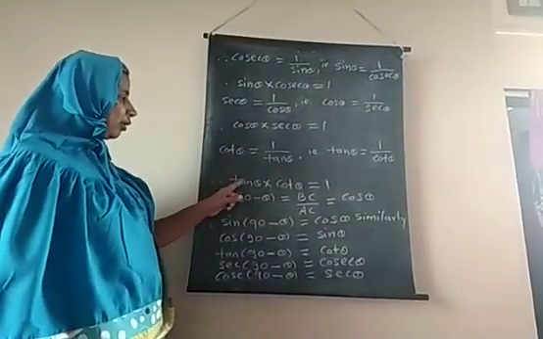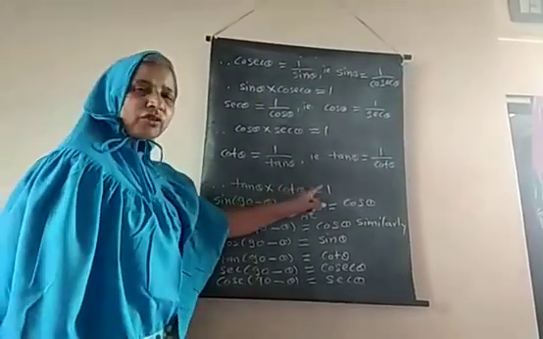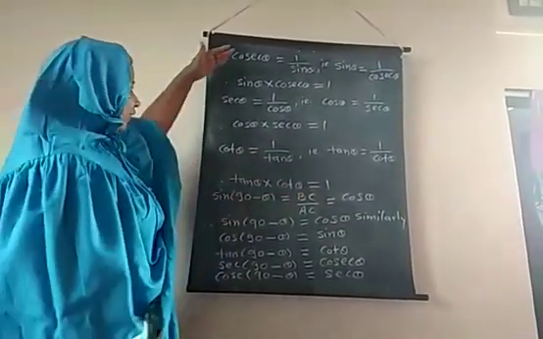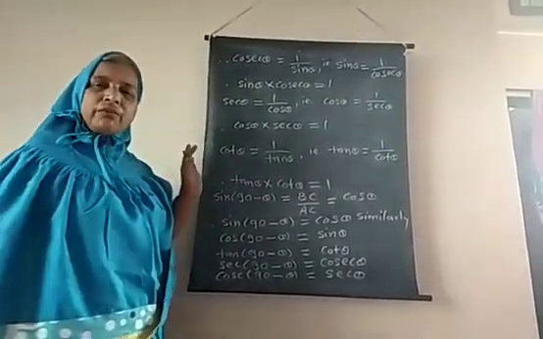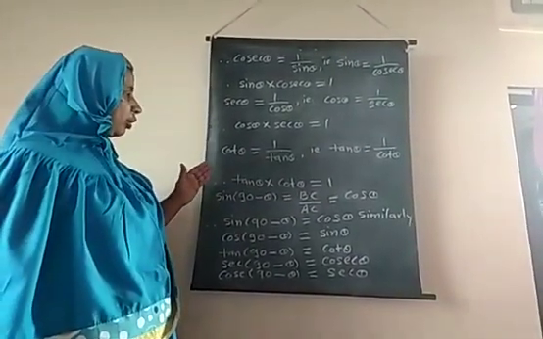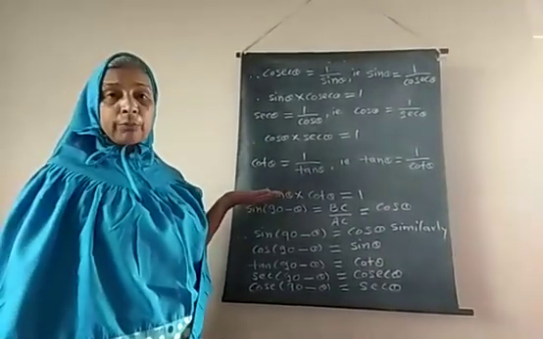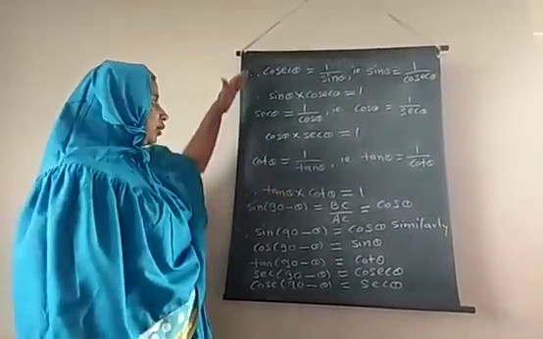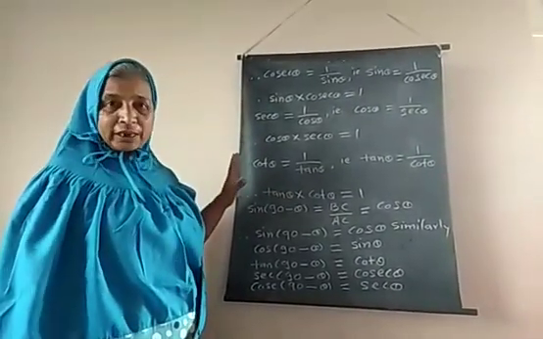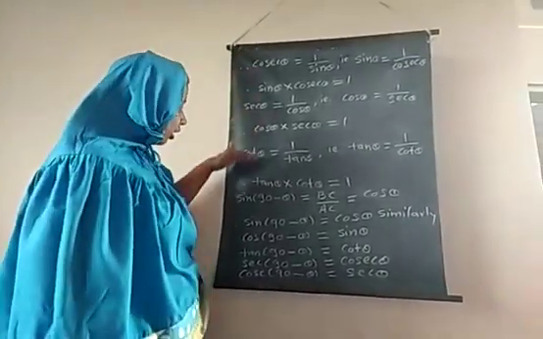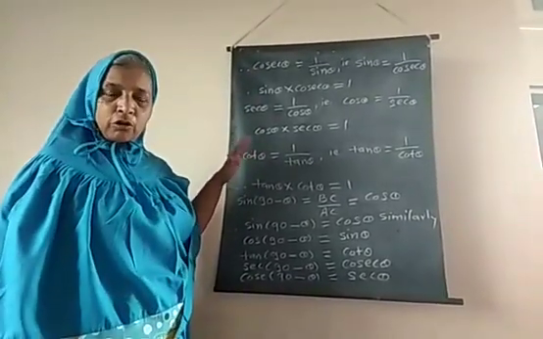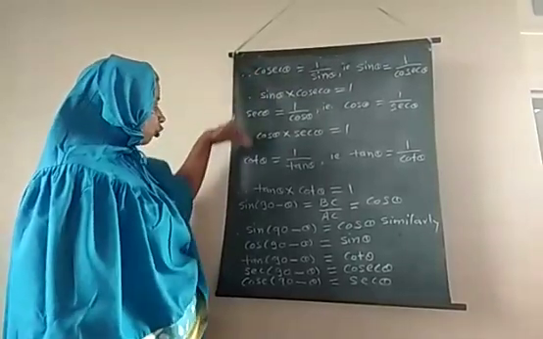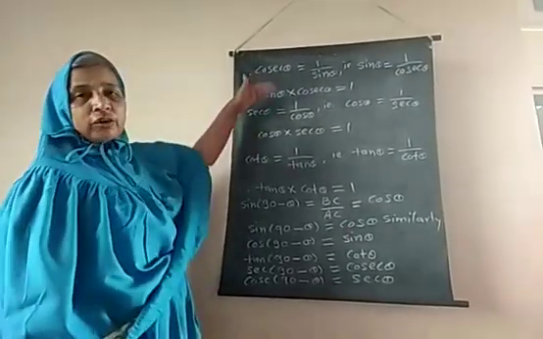Therefore their product, tan theta multiplied by cot theta, is equal to 1. We use these relations when we are solving the proofs of trigonometry. So all of you learn all 6 trigonometrical ratios very carefully, and these relations also. First write down the ratios and these relations in your notebook.